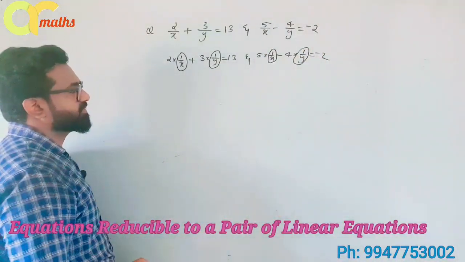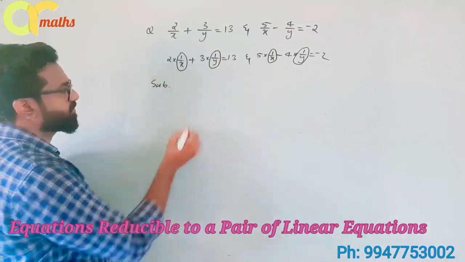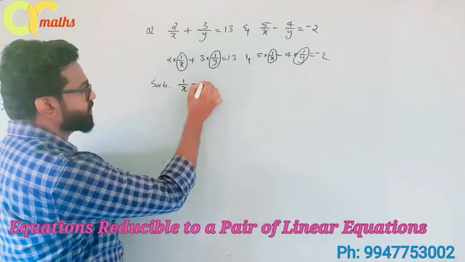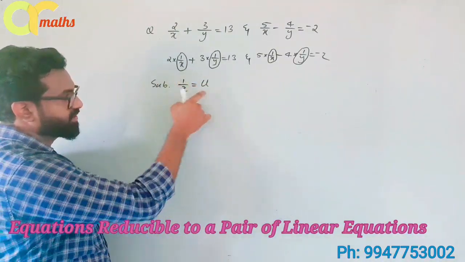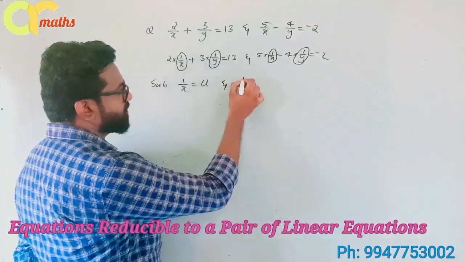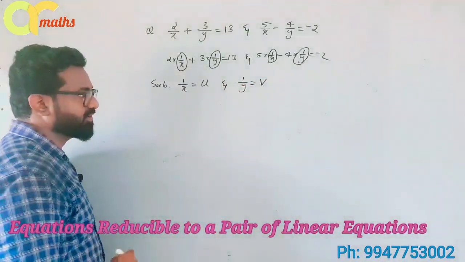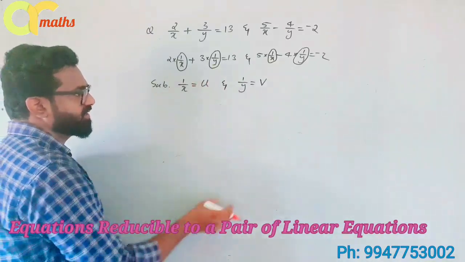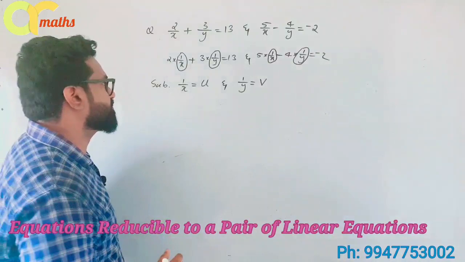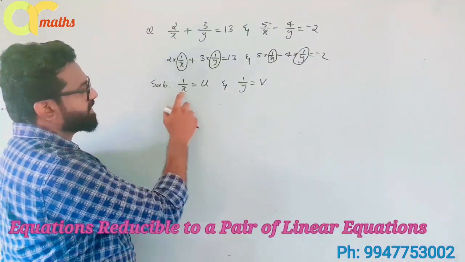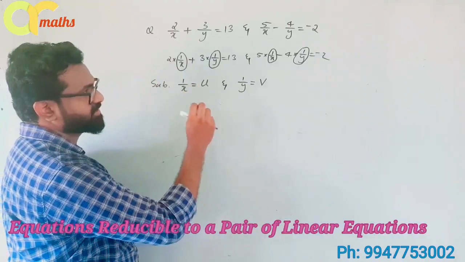Here I am substituting 1 by x equal to u and 1 by y equal to v. Or you can substitute 1 by x equal to p, 1 by y equal to q. No problem. So here I am substituting 1 by x equal to u and 1 by y equal to v to find the solutions very simply.